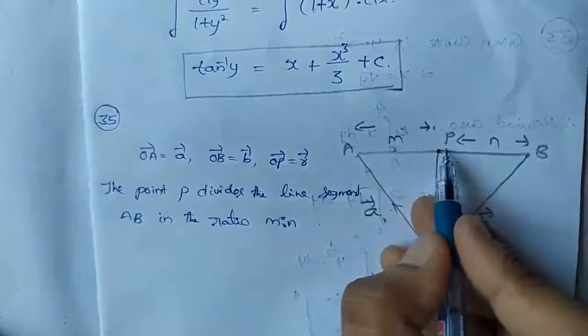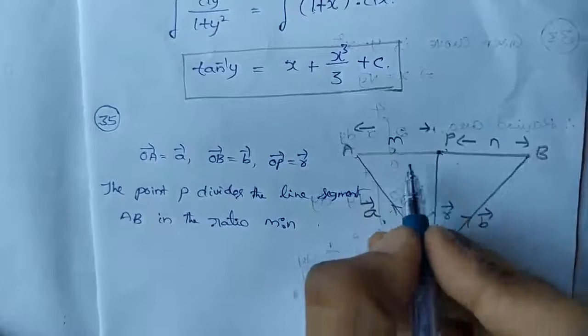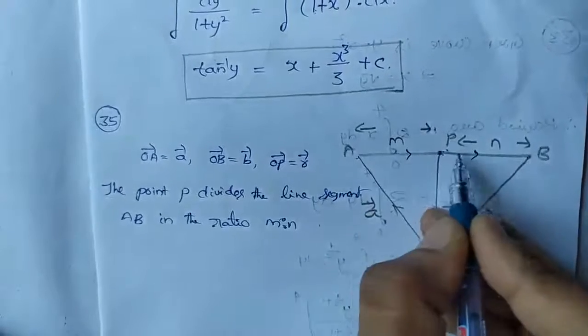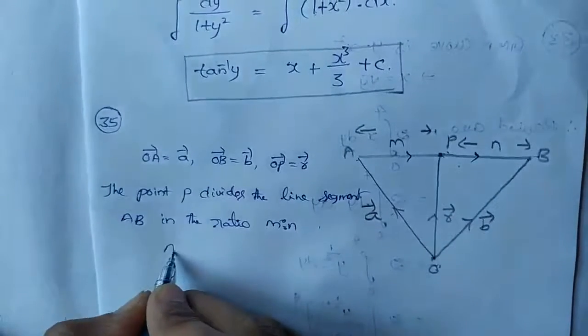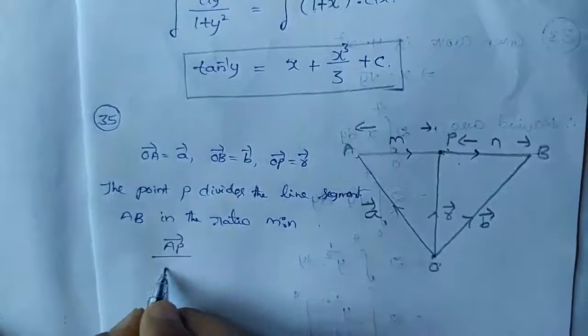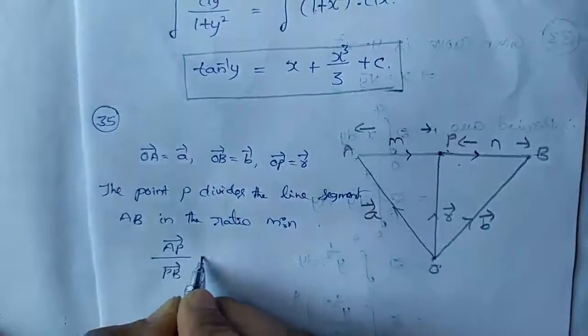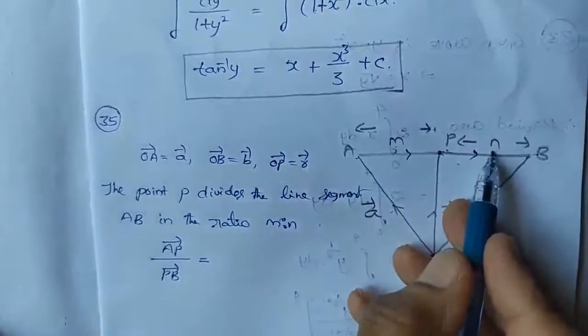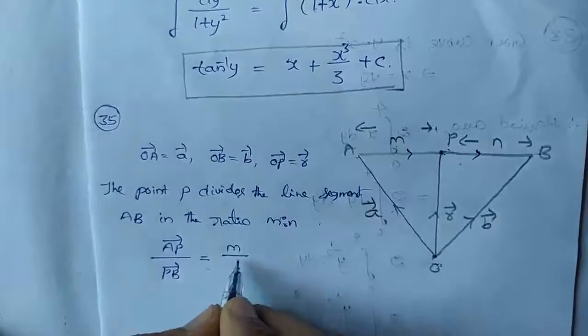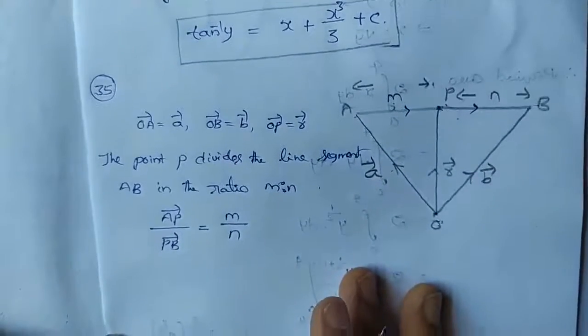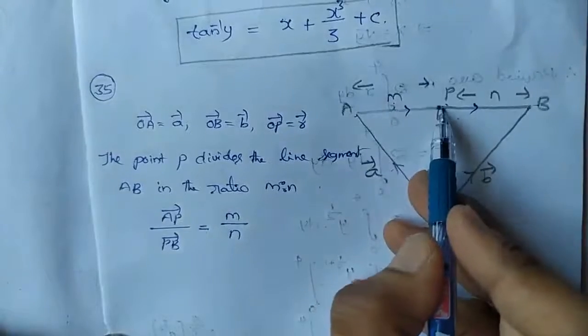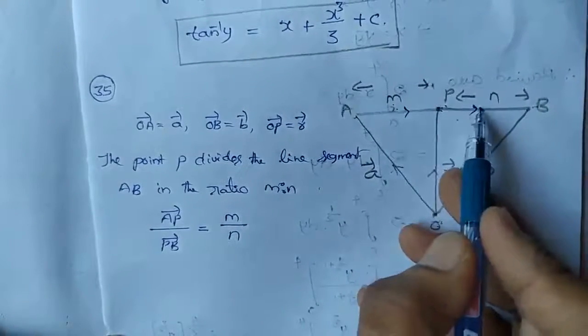Therefore, AP vector divided by PB vector equals m divided by n.